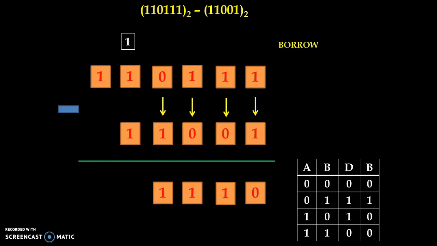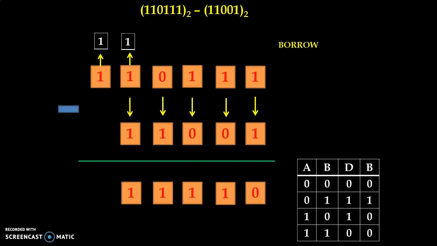Now when we have taken borrow, the process is in two steps. So first we have to subtract this borrow 1 from the original value 1. So 1 minus 1, so it is 0, and 0 minus 1, again the same condition, 0 minus 1, so difference is 1 and borrow is 1.